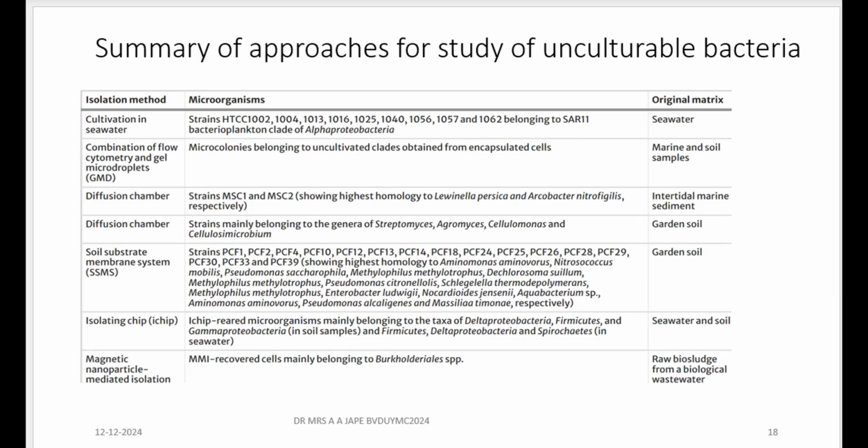One of the examples is Burkholderia species. So you have a number of methods that people are trying to explore to make these once unculturable bacteria be cultivated under laboratory conditions, right from mimicking natural environmental conditions, then co-culture of bacteria, right? Then diffusion chambers, then SSMS, iChip, or MWI.